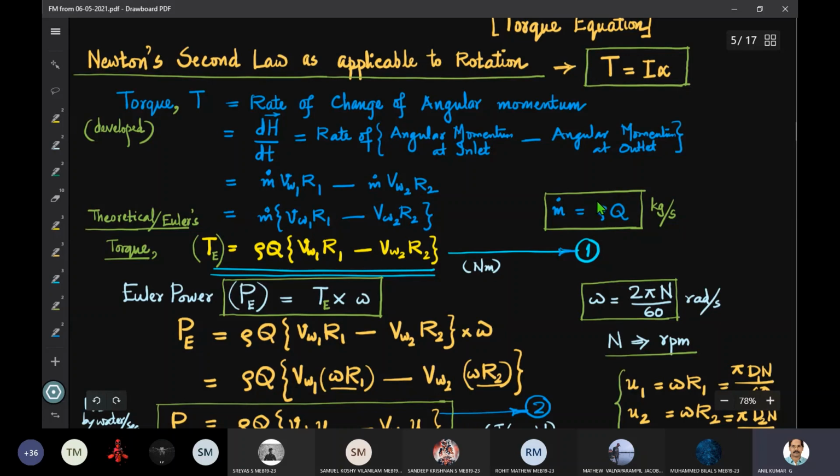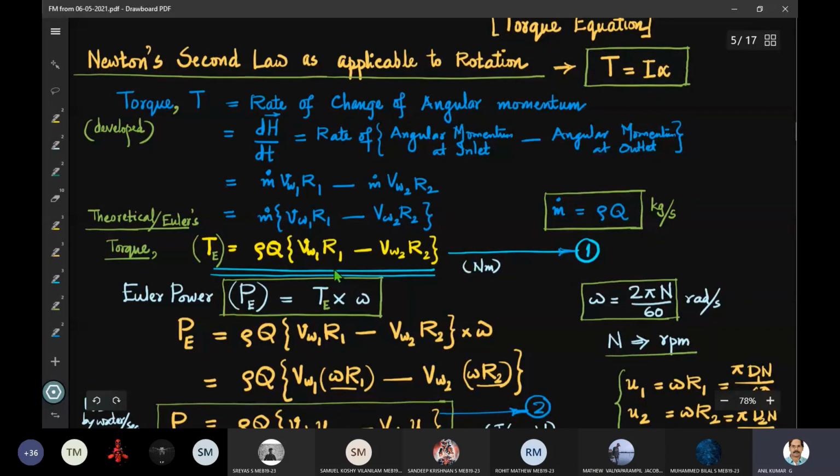In the case of hydraulic turbines, it is water density. So rho Q is the mass flow rate in kilogram per second. m dot is common and can be taken out: m dot into (Vw1 R1 minus Vw2 R2), and m dot can be written as rho Q. So rho Q into (Vw1 R1 minus Vw2 R2) is the theoretical or Euler's torque developed in this context.